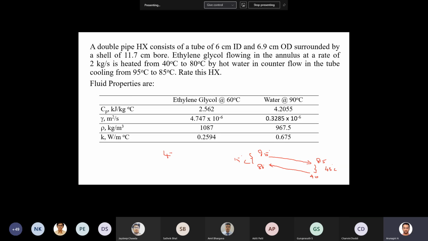So 45 divided by 15, the terminal temperature difference ratio, is 3, which is more than 1.5. So you will get LMTD. What would be the AMTD? 45 plus 15 is 60, so the average is 60 by 2, 30 degrees centigrade.